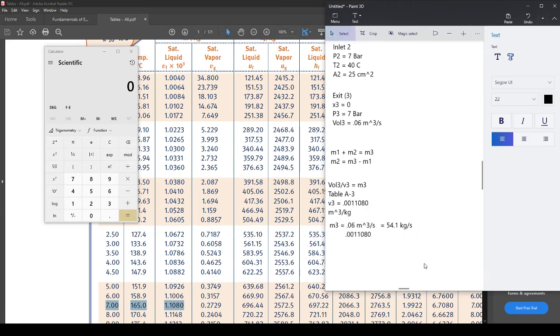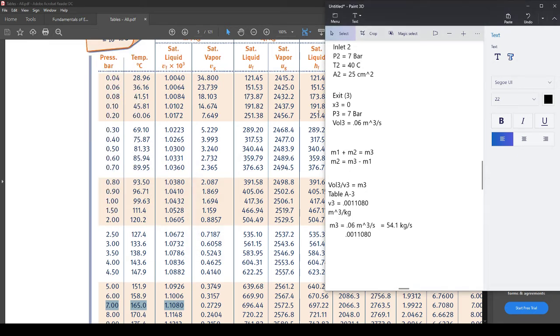So that right there is the mass flow rate of 3, right? And because we now know the mass flow rate of 1, and we know the mass flow rate of 3, we can find the mass flow rate of 2, right? Just simply because of this relationship we typed in earlier, which is the mass flow rate of 2 has to be equal to the difference of the other 2. So m2 is equal to 54.1 minus 40, which was, I think, the first one, right?